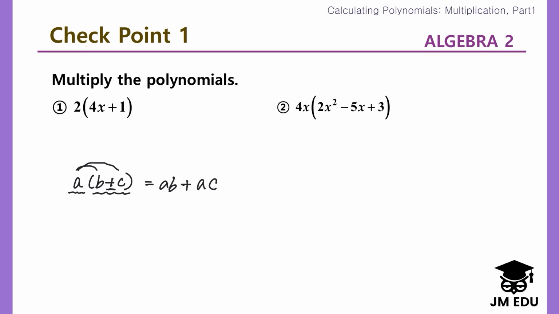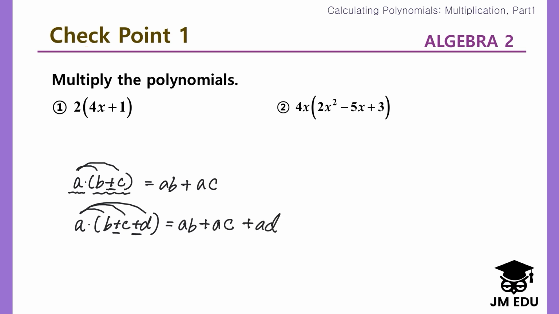Let's say we have monomial a times trinomial b plus c plus d. Just like monomial times binomial, all we have to do is apply the distributive property. So a times b, ab, plus a times c, ac, plus a times d, ad, right?